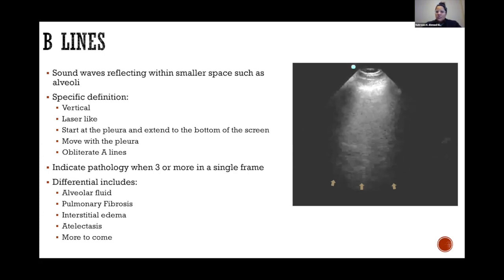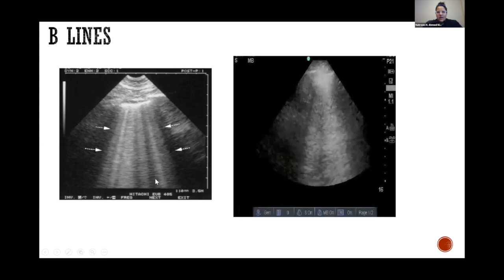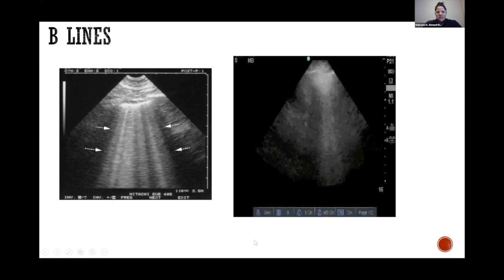Because for instance, if you have a patient that comes in with lower extremity edema, they're short of breath, you take a look at their lungs and they have B lines all over their lungs, you might think, okay, this is probably most consistent with a person who is in heart failure.